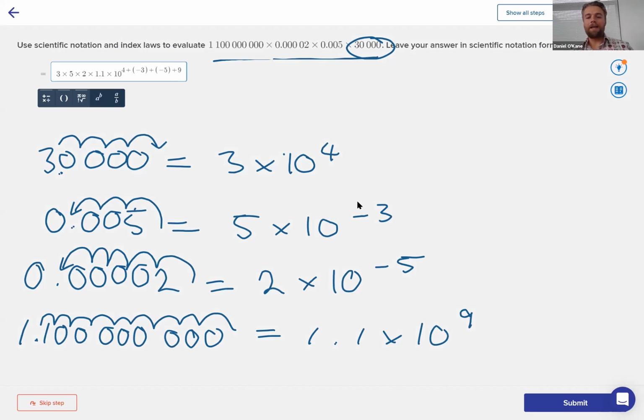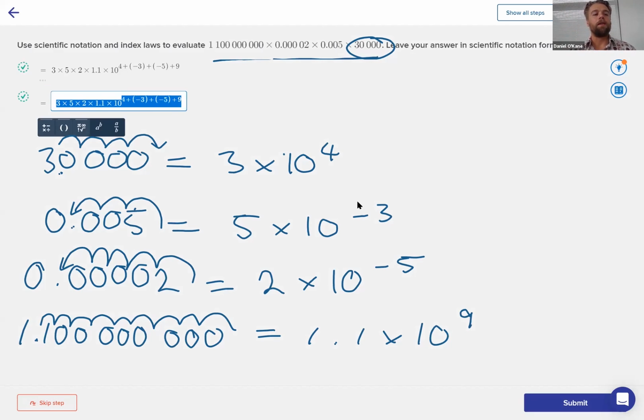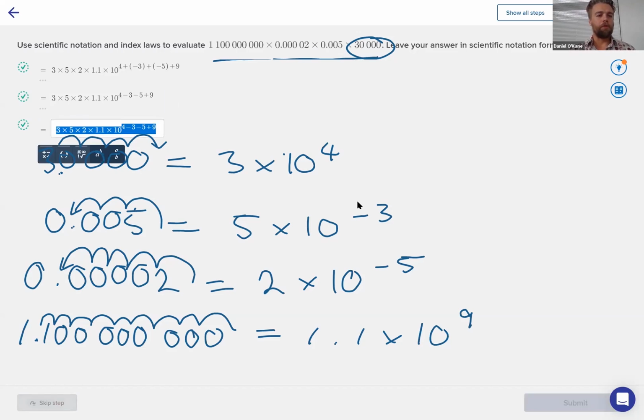And note, I'm not writing that 10 times 10 times 10 times 10 with the different powers. I'm just using the multiplication law to now just add those powers together. So 4 minus 3 minus 5 plus 9. So 4 minus 3 is 1. 1 minus 5 is -4. -4 plus 9 is 5.